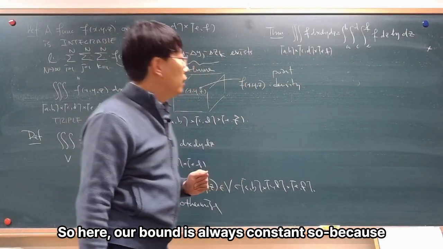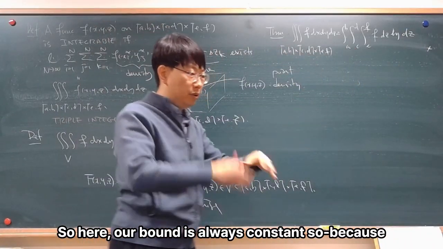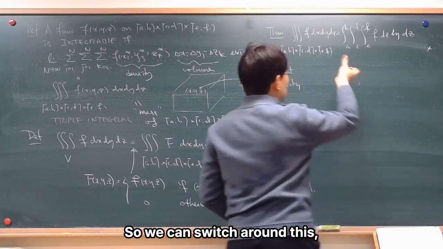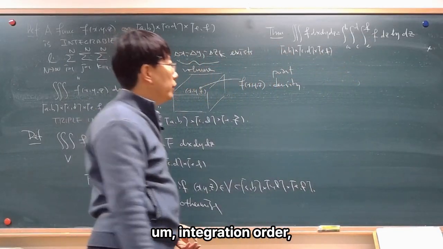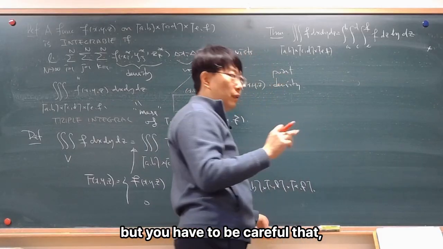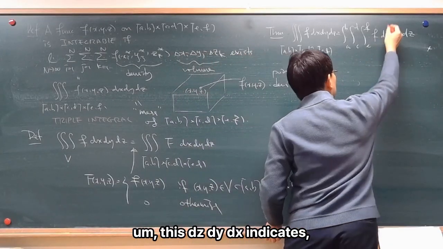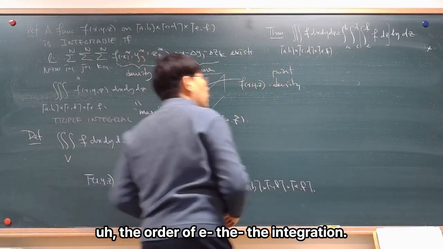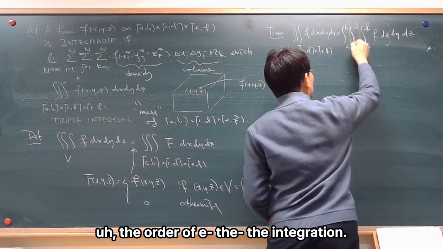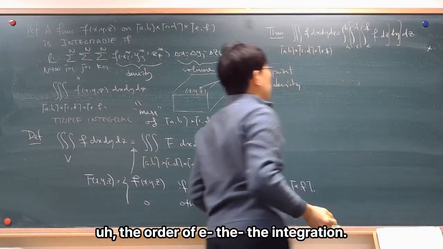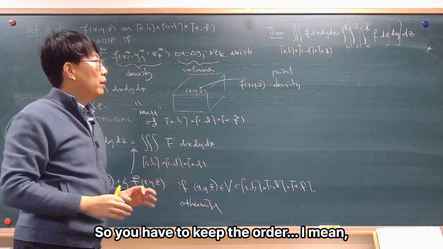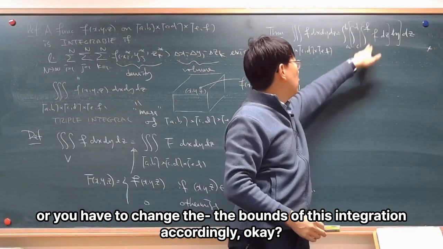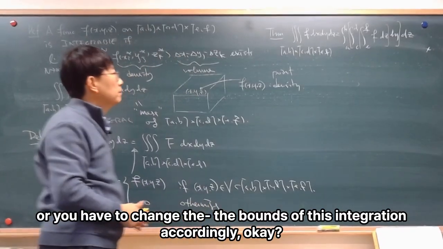So here, our bounds are always constant, because we have a rectangular box. So we can switch around this integration order, but you have to be careful that this dz, dy, dx indicates the order of the integration. So you have to keep the order. I mean, you have to change the order, or you have to change the bounds of this integration accordingly.